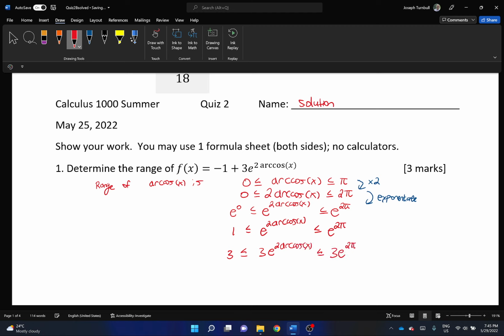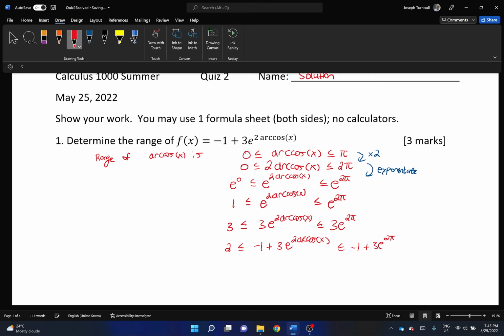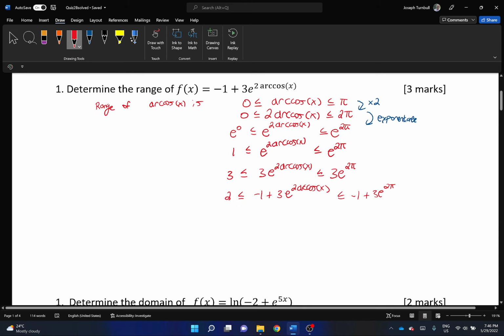And then the last step, I'm going to subtract 1 from everything. So I'll have 2 less than or equal to -1 plus 3e to the 2 arc cos of x less than or equal to -1 plus 3e to the 2 pi. Now that we have the function in the middle, this inequality says the function is larger than or equal to 2 and less than or equal to -1 plus 3e to the 2 pi.